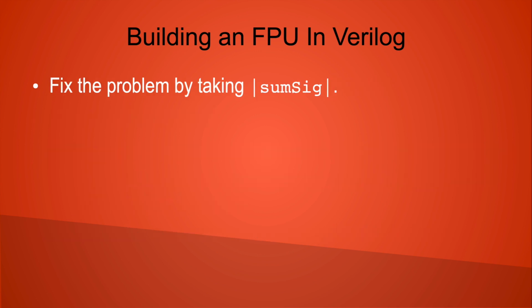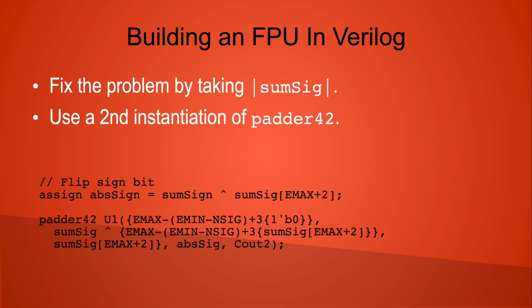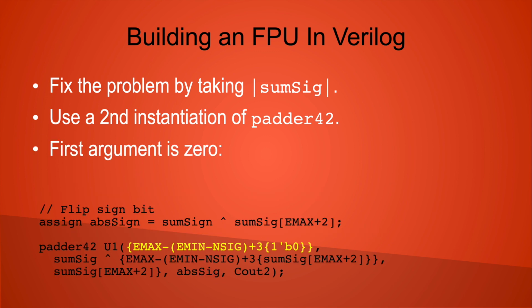I'm going to fix the problem by taking the absolute value of sumsig and flipping the sign bit stored in sumsign. To take the absolute value of sumsig, I'm going to use another instantiation of p-adder42. The first operand passed into p-adder42 is the value 0.